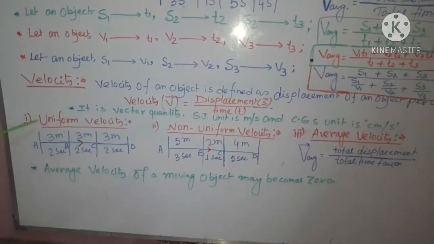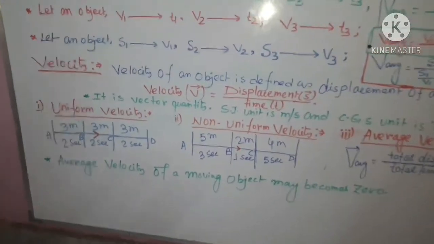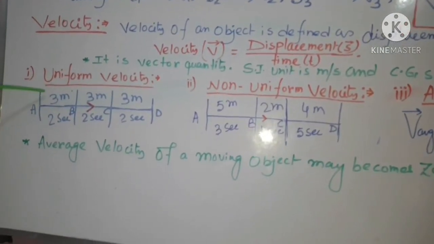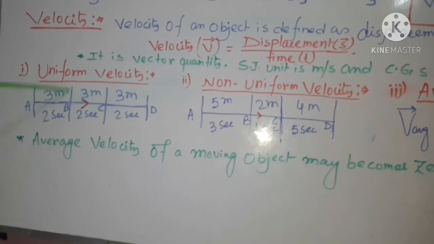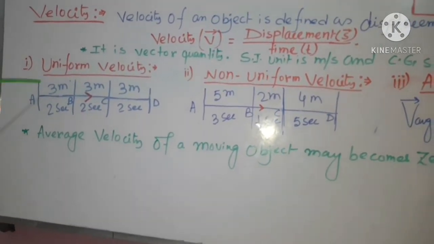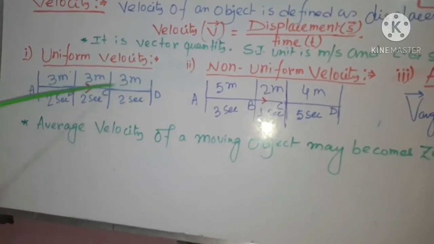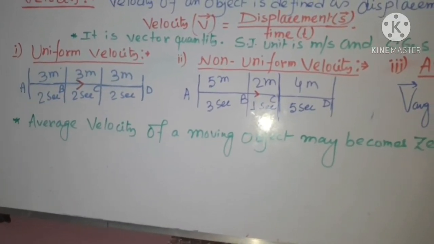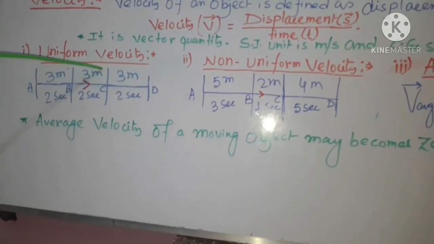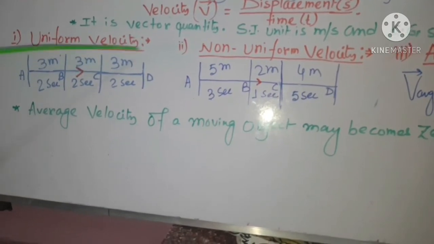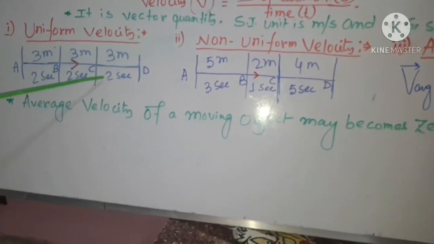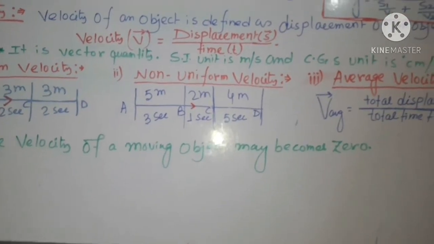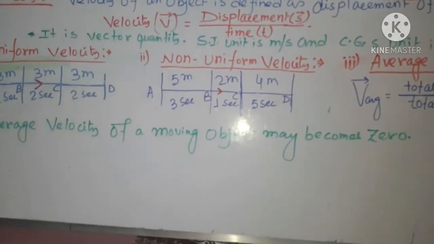Now first one, uniform velocity. ফিগারটা মন দিয়ে দেখো, an object is moving from A to B for which displacement of the object is 3 meter and for that displacement takes a time 2 seconds. ওকে, এখানে দেখো অবজেক্ট একটা নির্দিষ্ট দিক বরাবর যাচ্ছে, এই অ্যারোটা রিপ্রেজেন্ট করছে দ্য ডাইরেকশন অফ মোশন ইজ A to D. ওকে, দেখো B to C যাওয়ার জন্য ডিসপ্লেসমেন্ট 3 মিটার, একই সময় 2 সেকেন্ড, আবার C to D যাওয়ার জন্য দেখো ডিসপ্লেসমেন্ট 3 মিটার, সময় 2 সেকেন্ড। তাহলে from here we can say the object covers equal displacement in equal interval of time, so therefore velocity of the object is uniform velocity.